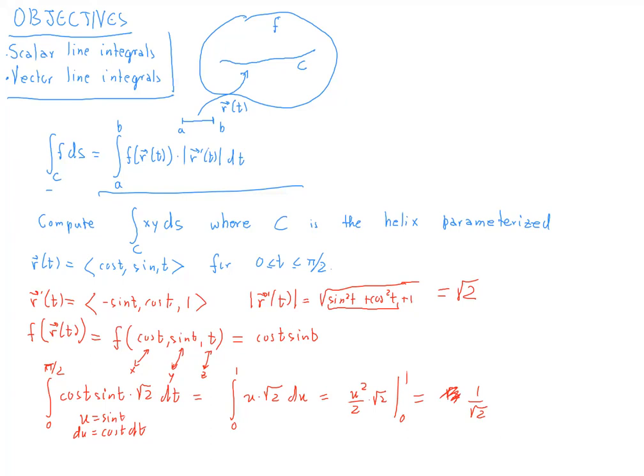So now we would like to make the transition to vector line integrals. And in this case, what we do is we have a domain. Again, we have a path C, but this time around, we would like to specify where it begins, where it ends, and what the orientation of traversing this path is.